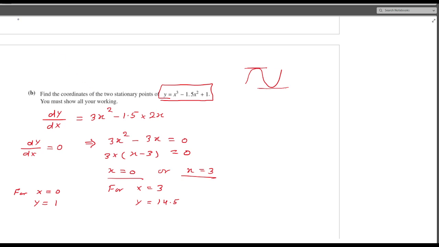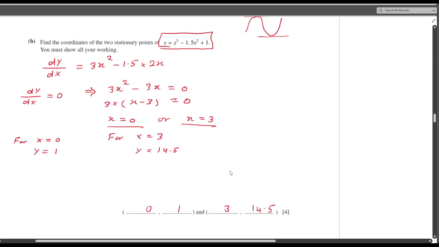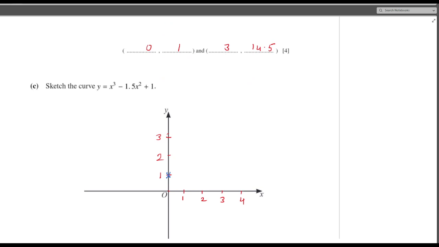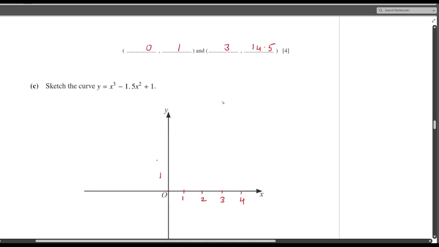So this marking that I'm doing is a little bit incorrect. Instead of 1, 2, 3, better I will go for some higher values, because for 3 the value is coming 14.5, so 14.5 is somewhere here.